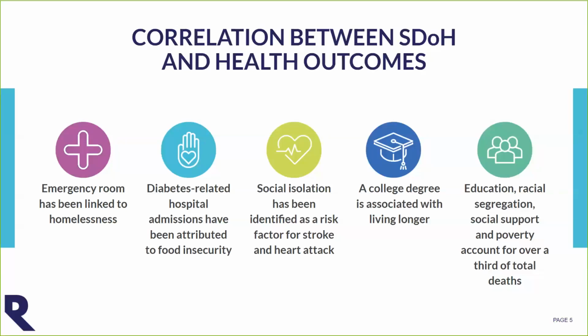Interestingly, a college degree is associated with living longer, and then education, racial segregation, social support, and poverty, that actually is attributable to mortality and accounts for over a third of total deaths, sadly.